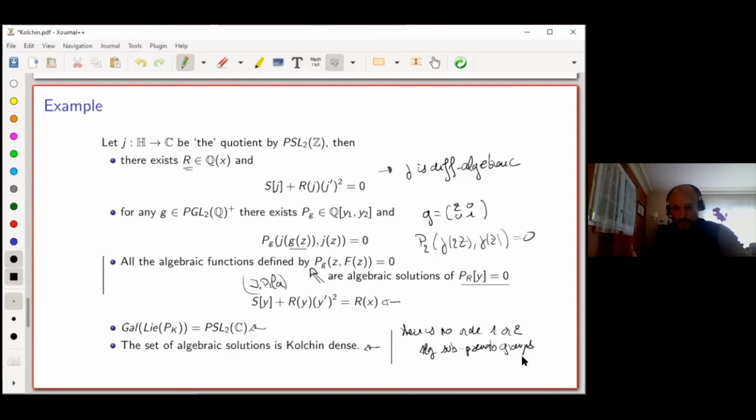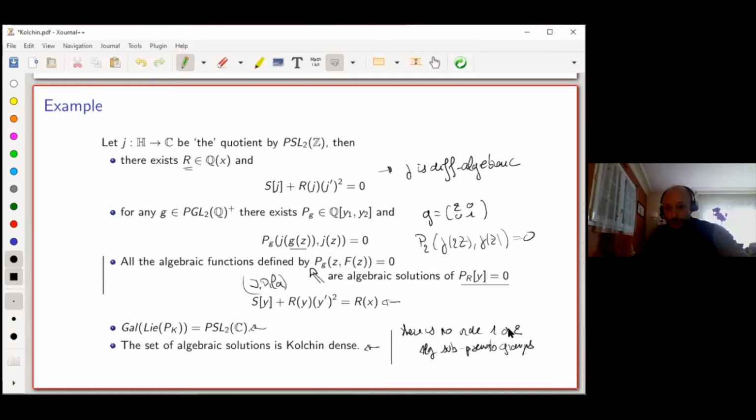Okay, there exists even stronger results, but this one is very elementary to prove. There is a stronger result that, in fact, there are no order 1 or 2 differential equations satisfied by solutions of this type, unless they are algebraic. But it's much more difficult to prove this more general statement.